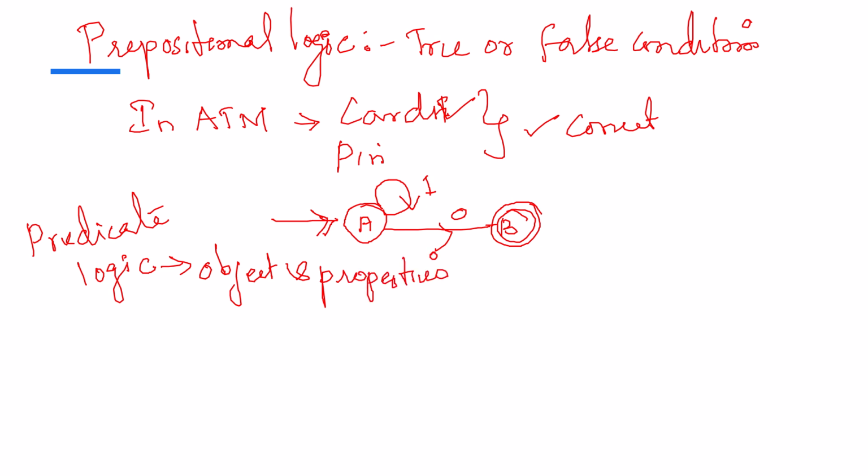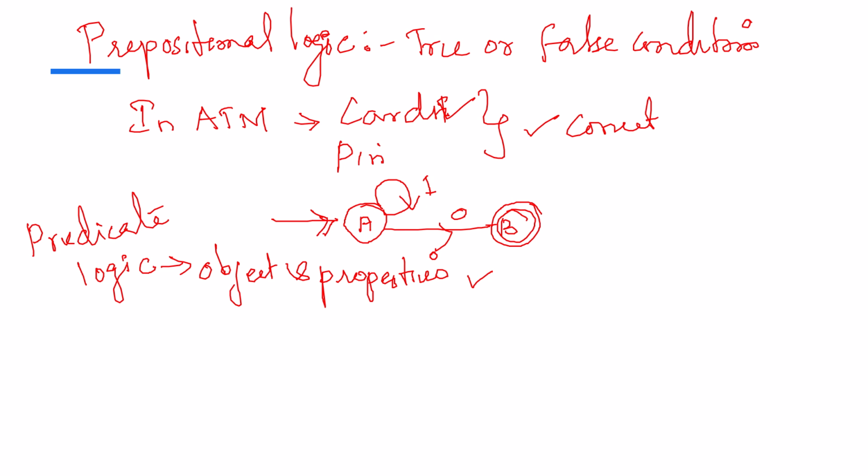In this ATM machine, we don't bother about how many users. If there are n users, the card must be inserted and the PIN number should be correct, and it must be a valid card, then only we can get the money.